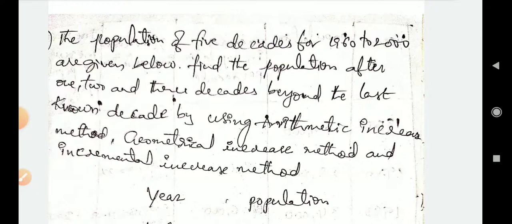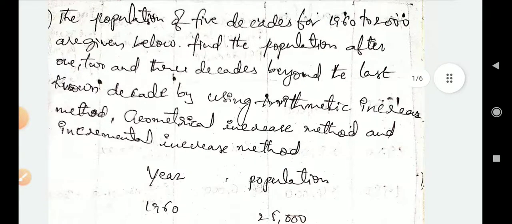Find the population after 1, 2, and 3 decades beyond the last known, using the arithmetical increase method, geometrical increase method, and incremental increase method.